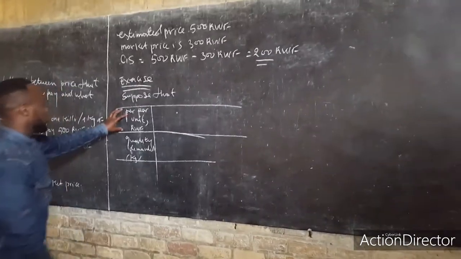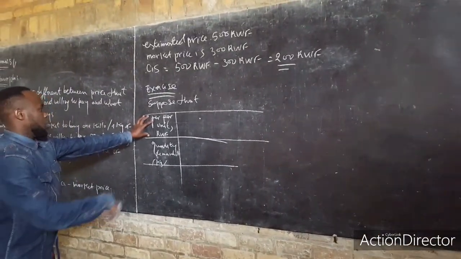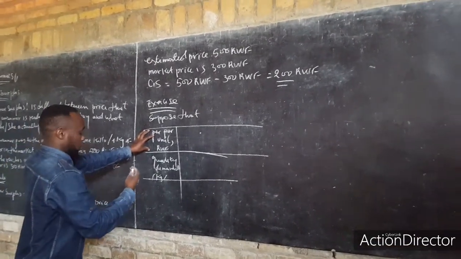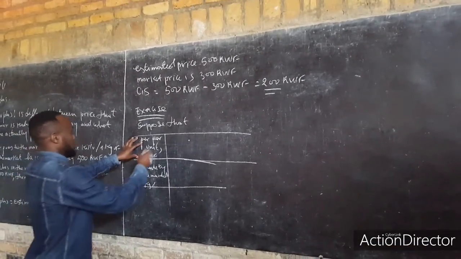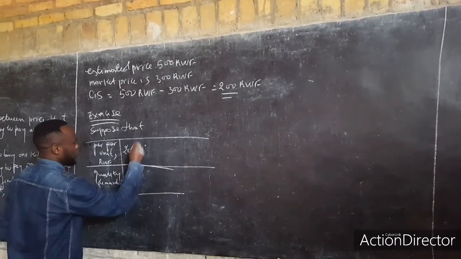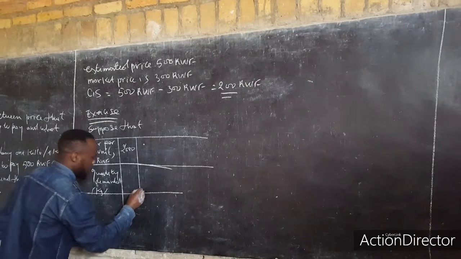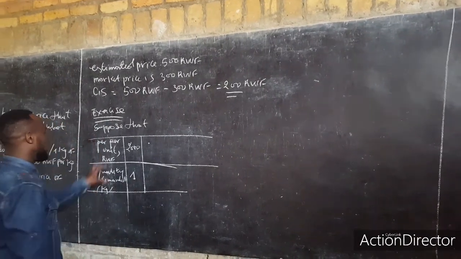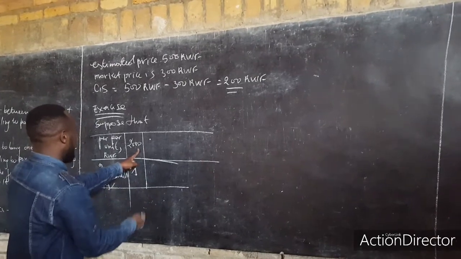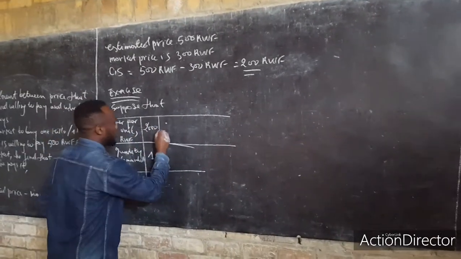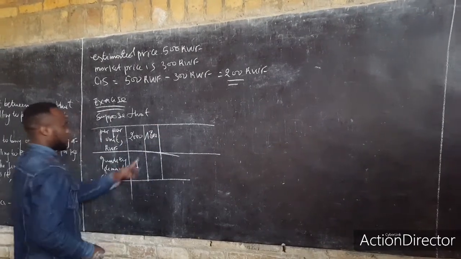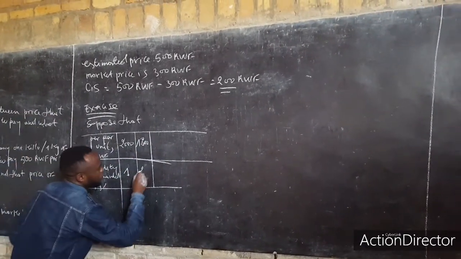Suppose that when the consumer is estimated to buy only 1 unit, he estimated to pay 2,000 francs. Then he buys one unit. At the second unit, when the consumer is estimated to pay 1,800 francs, he buys 2 units.